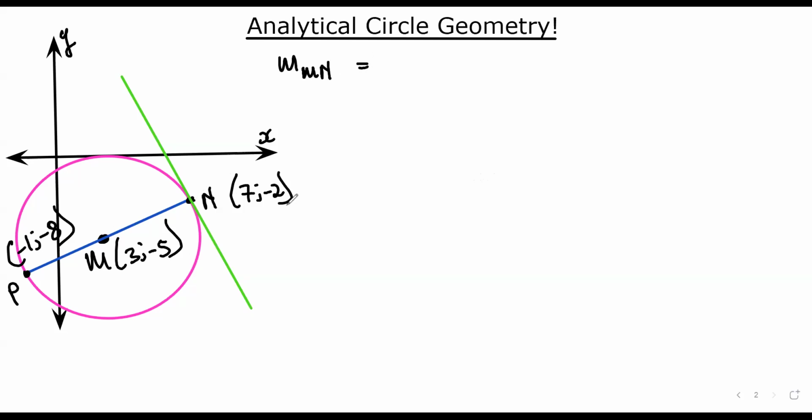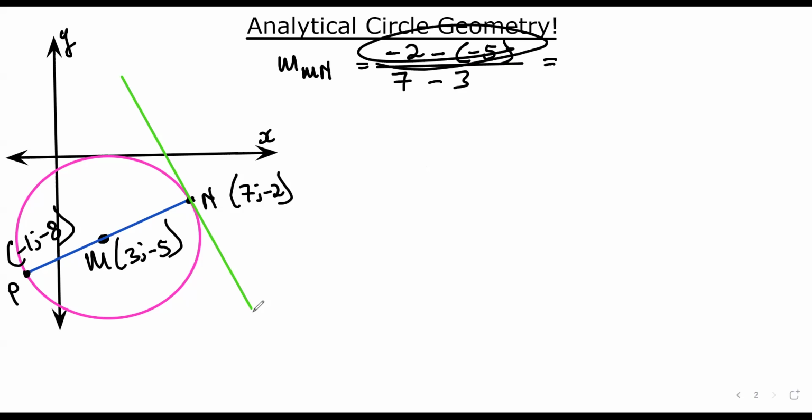So we take the y value at n minus the y value at m, and we say this is divided by the x value at n minus the x value at m, all right?